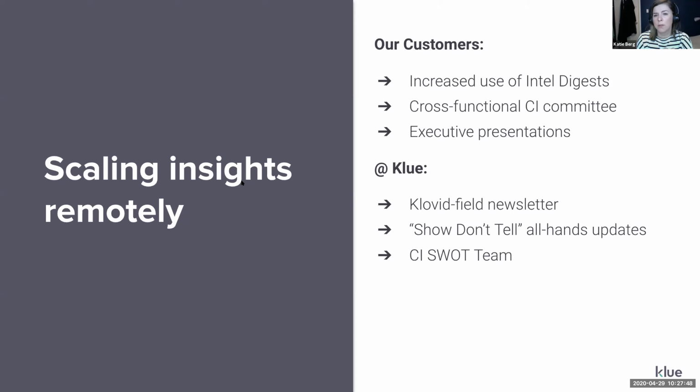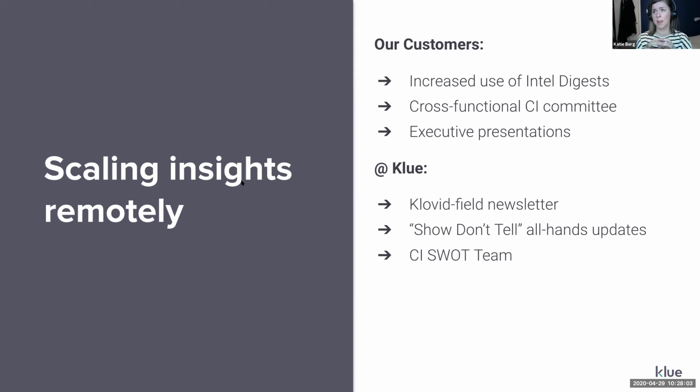Some of the things that we've seen our customers doing and some of the tactics that they've been taking to scale their insights remotely is, number one, and probably the most common, is just an increased use of Intel Digest or newsletters as a communications tool.